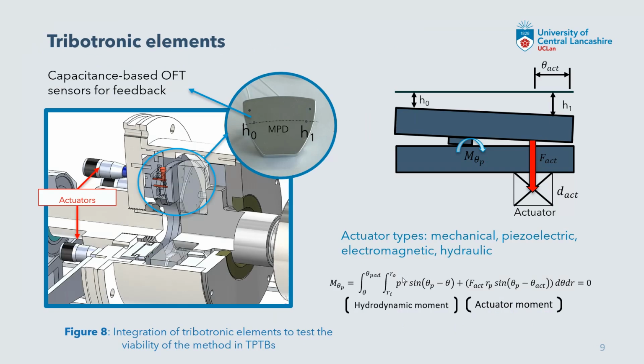The tribotronic elements for the conceptual design utilize capacitance-based oil film thickness sensors for feedback to determine the pitch angle of the pad. These actuators either apply a displacement to the pad or a force to the pad, which then tilts the pad to obtain a given pitch angle, which is optimized for power loss or for maximum load carrying capacity or changing the film forces in the contact.